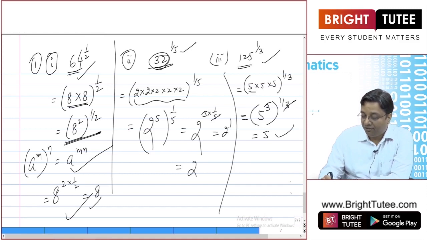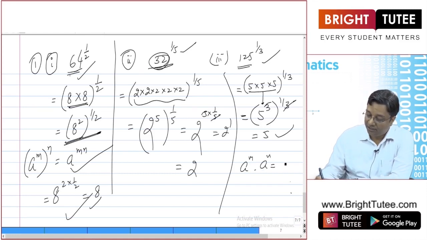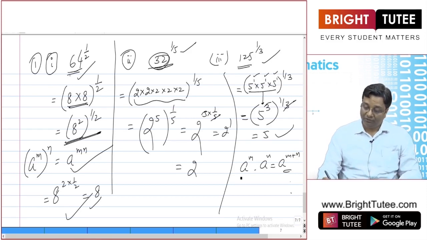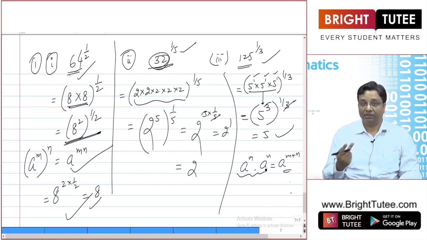When I write 5 into 5 into 5 and I write 5 cube, I am again using a law of exponents which says a raised to power m into a raised to power n is equal to a raised to power m plus n. So here it is written 5 raised to power 1, 5 raised to power 1, 5 raised to power 1, and I can add these powers 1 plus 1 plus 1. You should not be confused that it is only valid for 2 numbers.